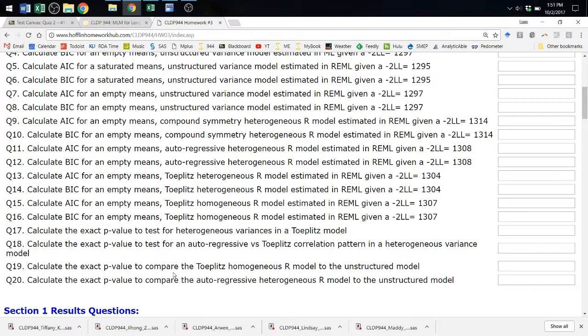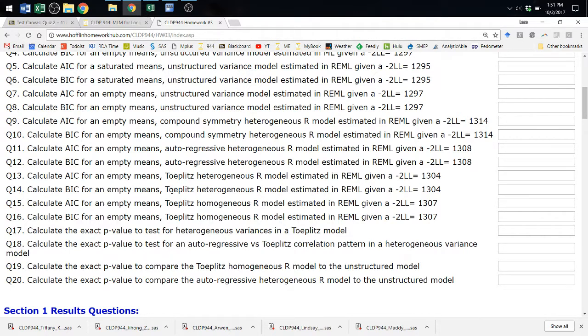Yeah, okay. There's some unique way of looking at it. There shouldn't be anything unique, so we're saying I have 18 here. Heterogeneous variance model. And we're talking about AR versus Toeplitz, excuse me.